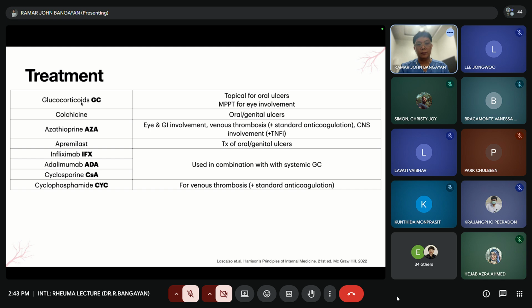Anyone? Does it have immunosuppressive property? So what's the mechanism of action?